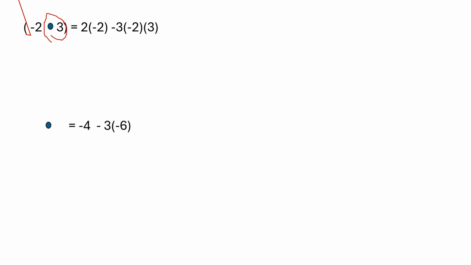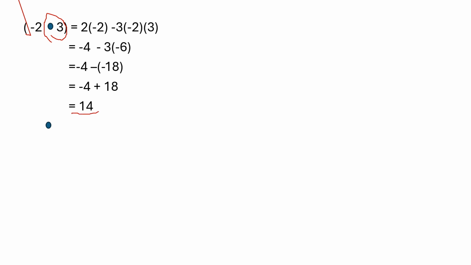Then simplifying, we had negative 4 minus 3 multiplied by negative 6. Simplifying further, we had the answer to be 14, right? So you follow this, negative multiplied by negative is positive here. So 18 plus negative 4 will give us 14.